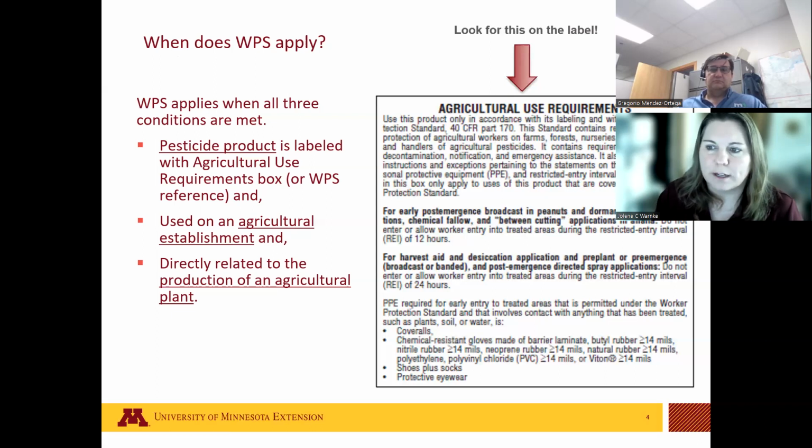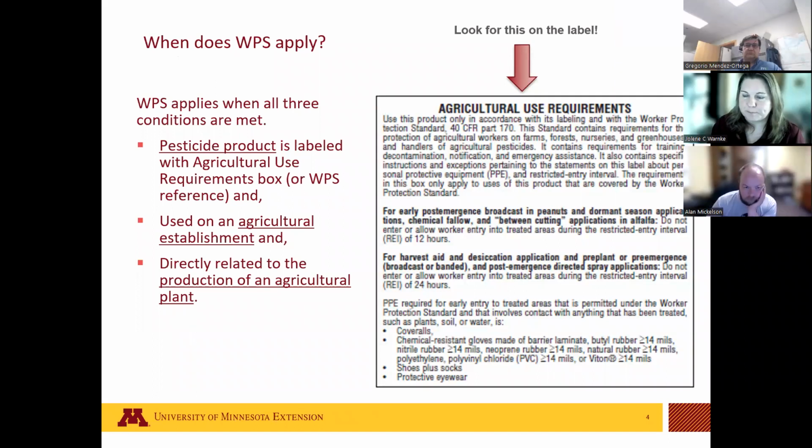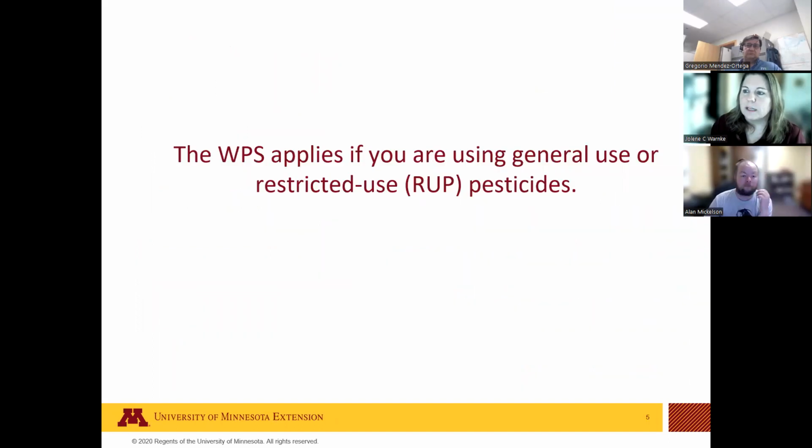It must also be a product that is being used on an agricultural establishment. Again, what is an agricultural establishment? That is listed in the How to Comply Manual, and is directly related to the production of an agricultural plant. So we're not talking about anything related to livestock here, strictly agricultural plants. As a reminder, the WPS applies if you are using general use or restricted use pesticides.